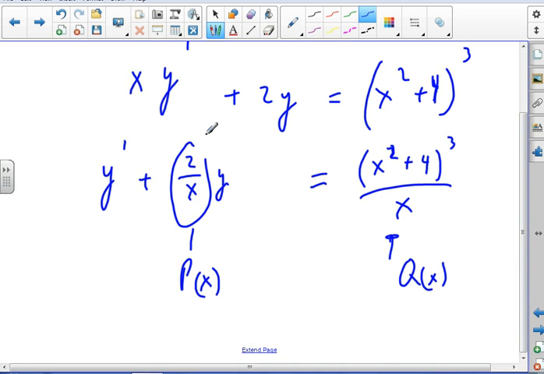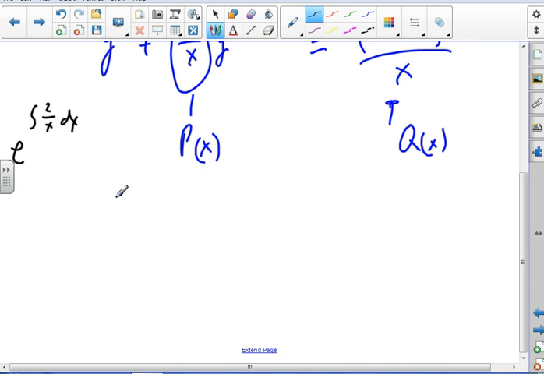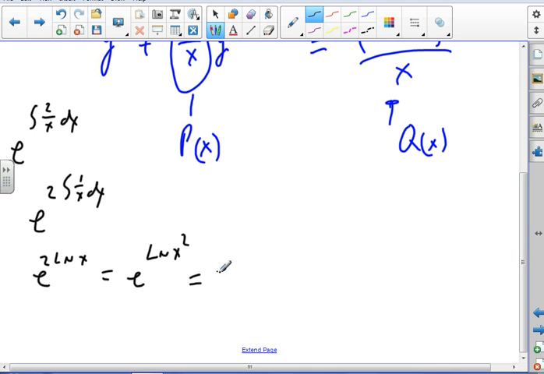I want to find on the side e to the integral of 2 over x dx. So that's e to the 2 integral of 1 over x dx, which is e to the 2 natural log of x, which is e to the natural log of x squared, which is x squared.